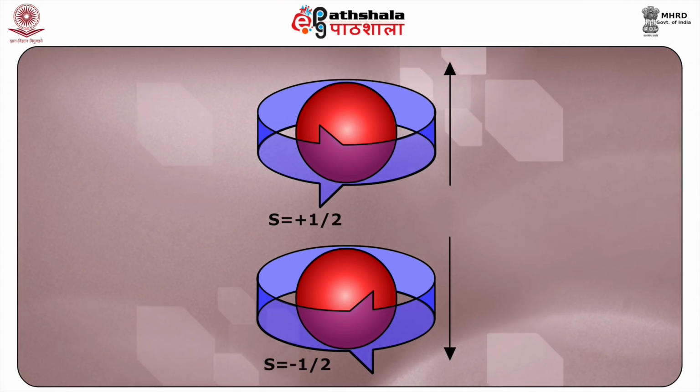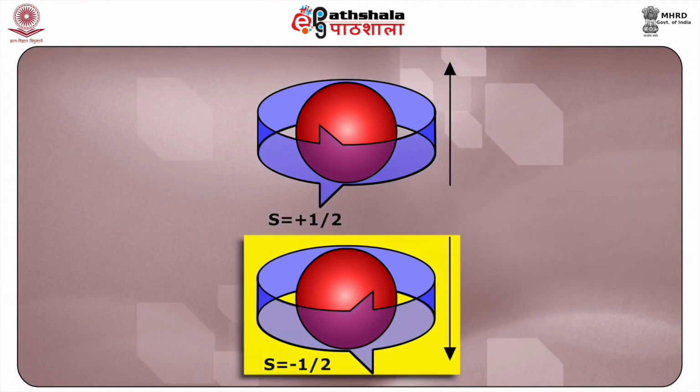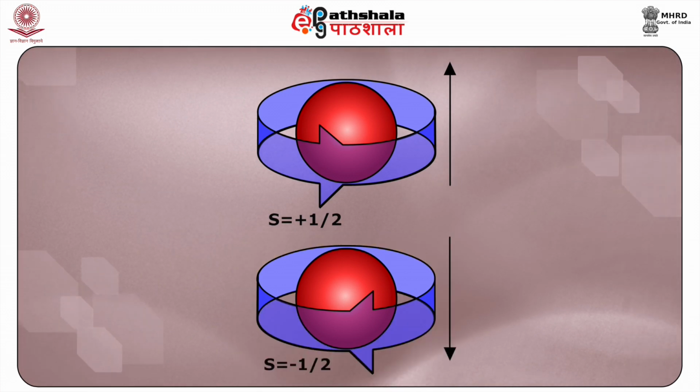The spin quantum number can have two values, plus half if an electron is spinning clockwise and minus half if it is rotating anti-clockwise. This spinning of an electron generates an intrinsic angular momentum related to it.